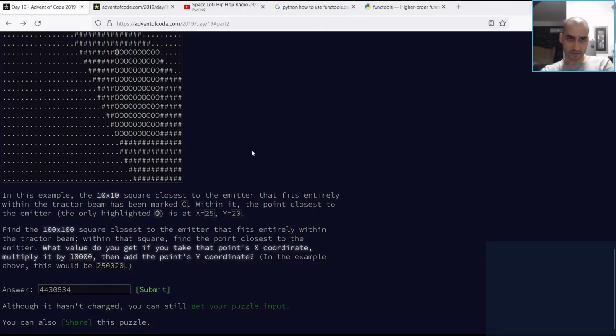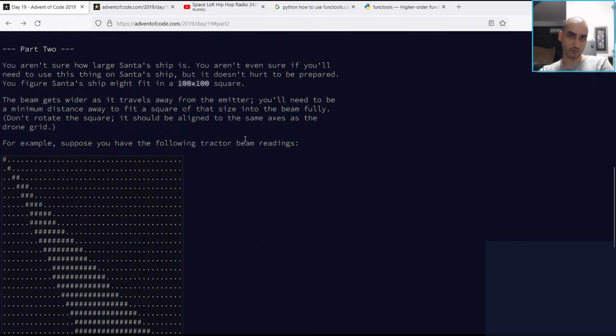So should we test this method on the example? But I have a feeling it will just work on the example, but not on the big one, because something about the weird shape of the beam.